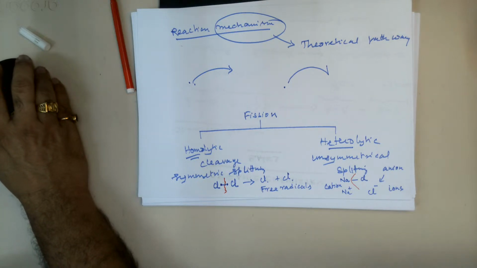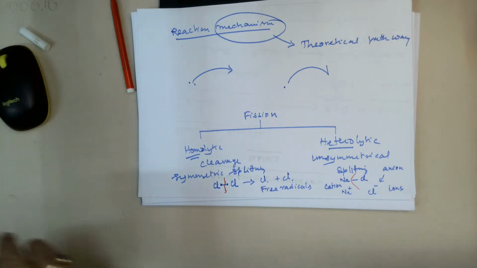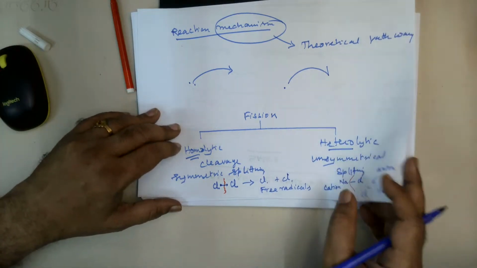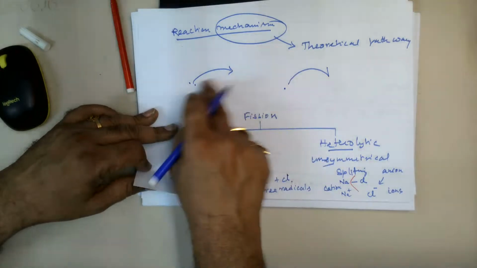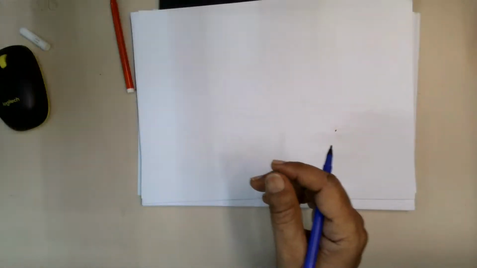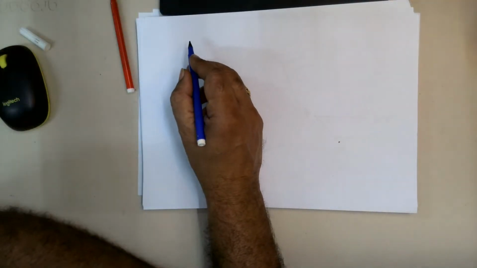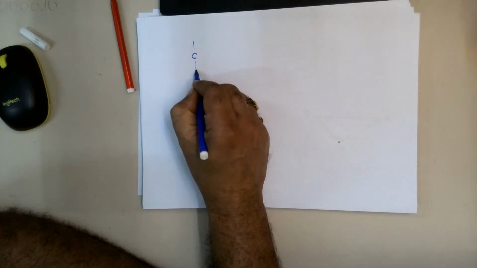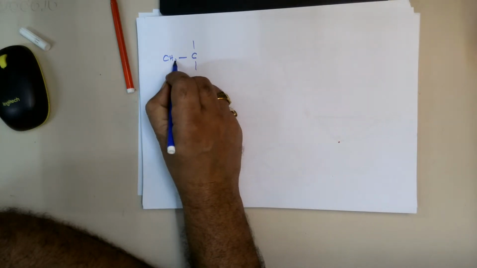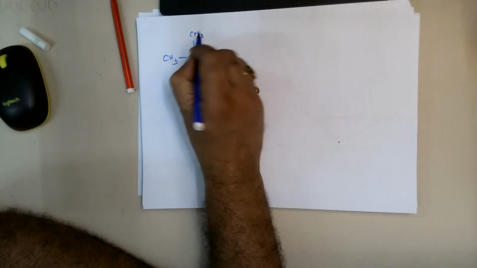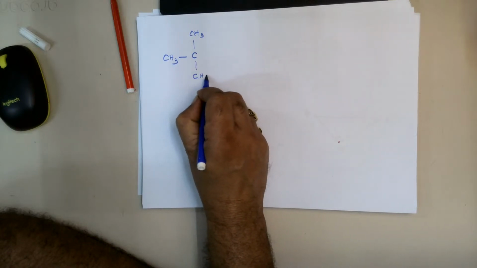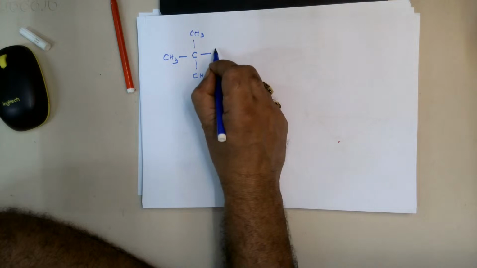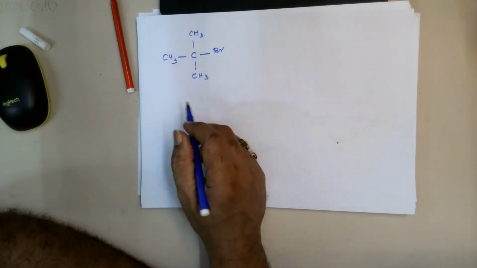Now, let me explain the transfer of electrons, how they take place. Let me consider a molecule like this, that is (CH3)3C-Br, with bromine.